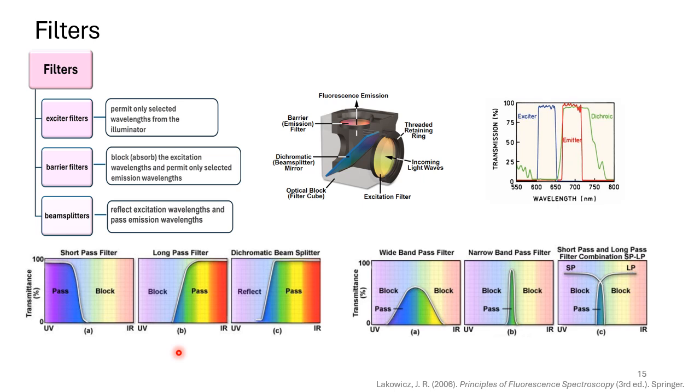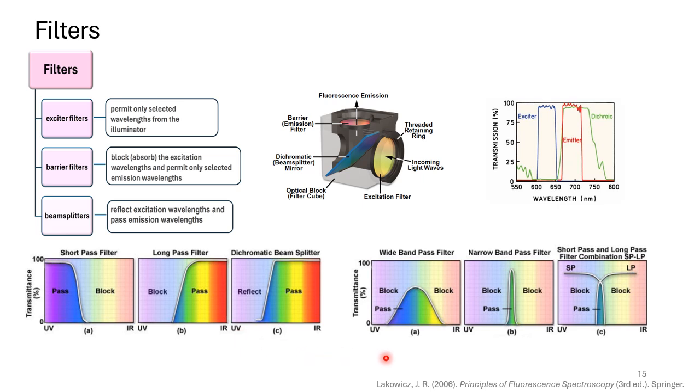On the other hand, this long pass filter blocks the shorter wavelength and passes only the longer wavelength. And already I have explained this dichromatic beam splitter also from this graph, that it reflects the shorter wavelength and transmits the longer wavelength.